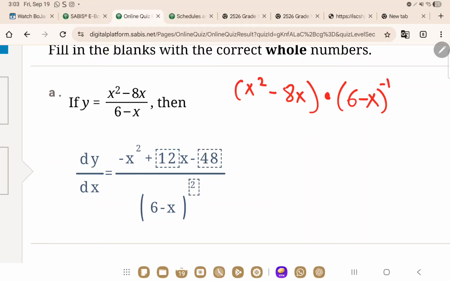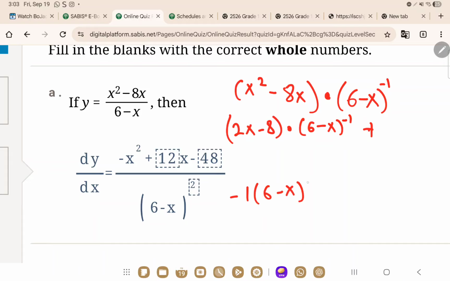So by product rule it's 2x minus 8 times (6 minus x) to the power negative 1, plus, now we use chain rule for this, negative 1 into (6 minus x) to the power negative 2, times negative 1, which is just going to be (6 minus x) to the power negative 2.